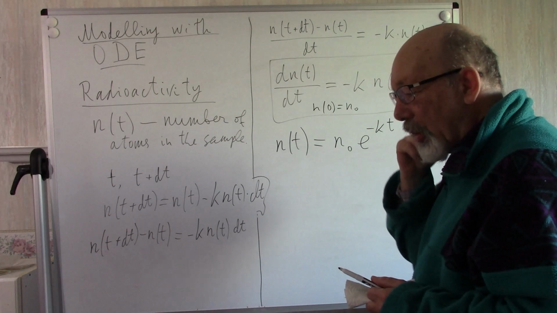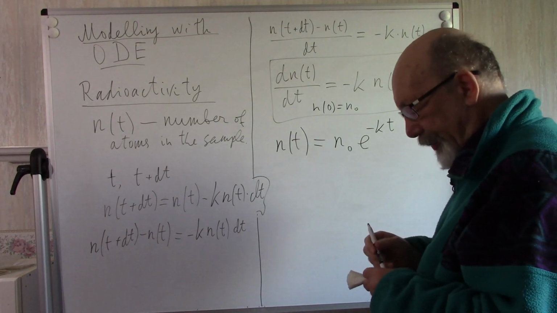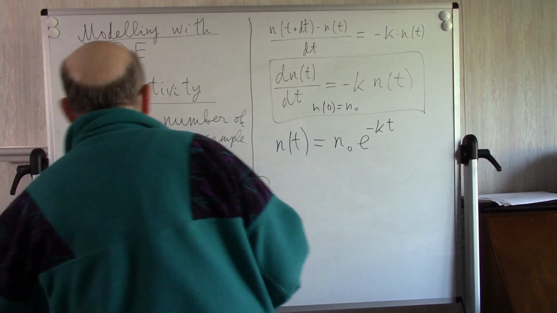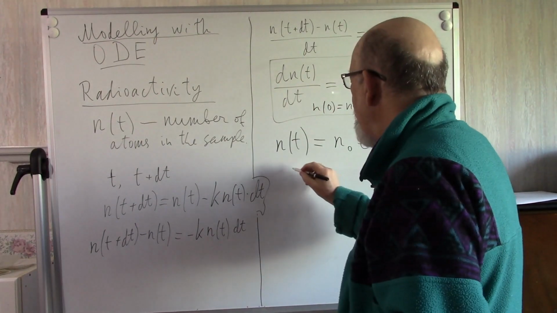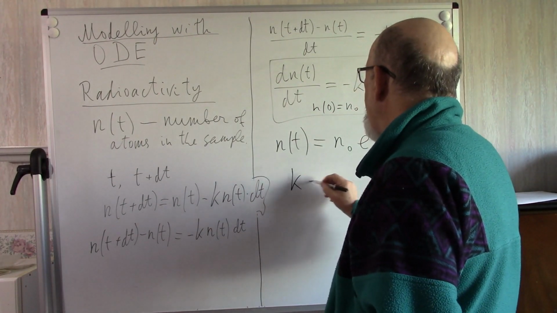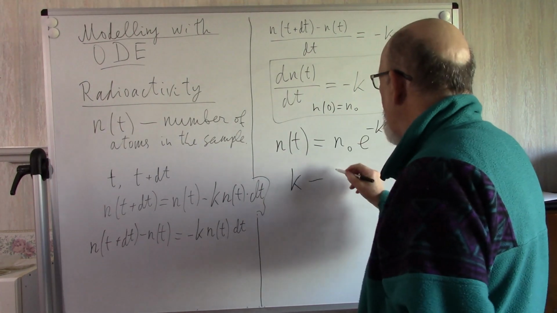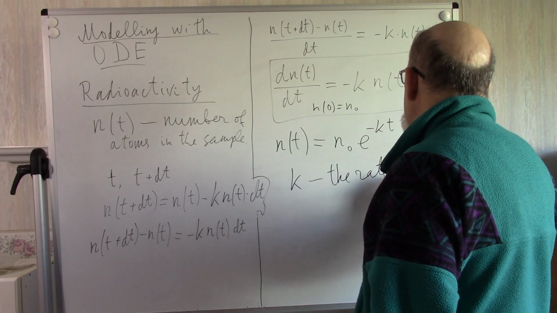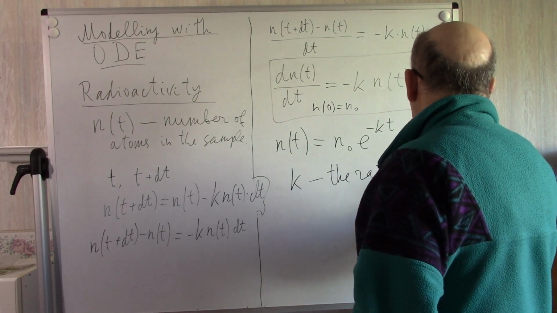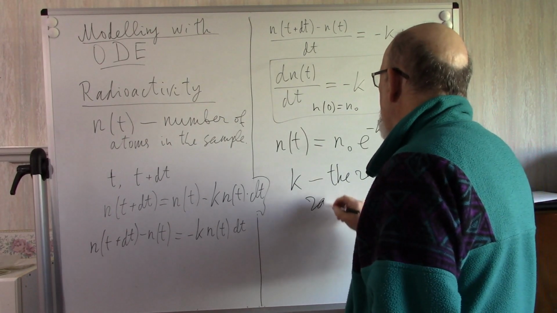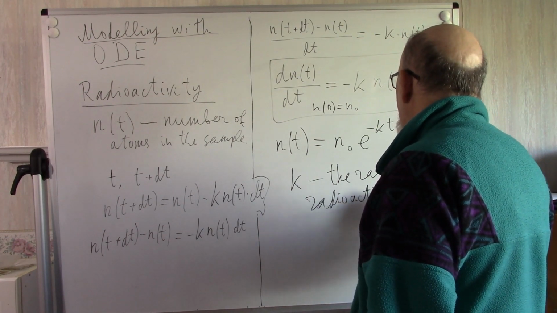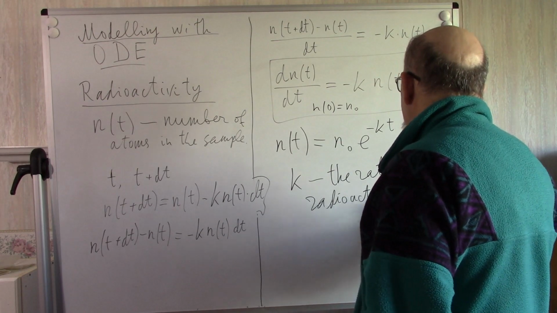Now, what can we do with this solution? First of all, k can be called the rate of the radioactive decay.